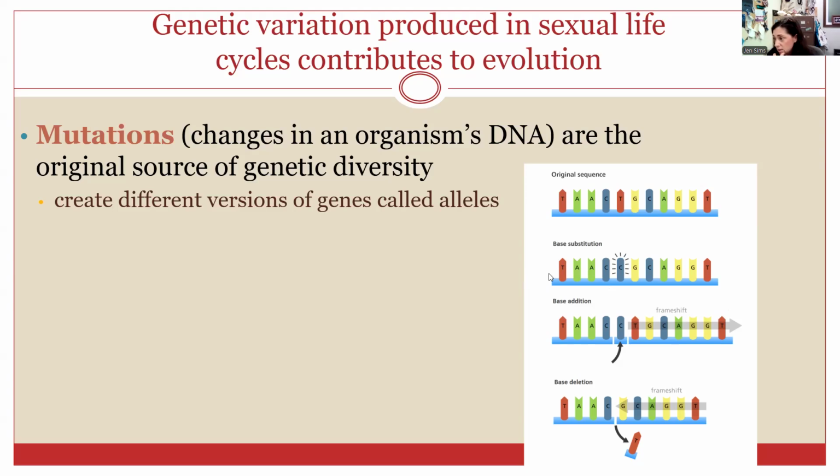And so look at the second line. See where it should be a T, and then it has been mutated, and the base is changed to a C. Now, that is one type of DNA mutation.